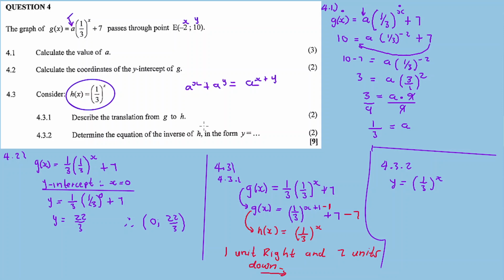The inverse of H must be written in the form y equal to something. So replace all H by y, yes? And then for the inverse, x equal to 1 over 3 raised to exponent y. Therefore this is the inverse of H, but it must be written as y equal to, applying the log definition, which gives y equals log base 1 over 3 of x.